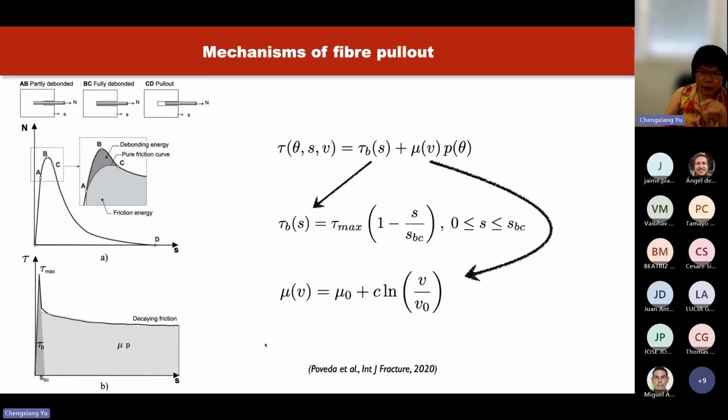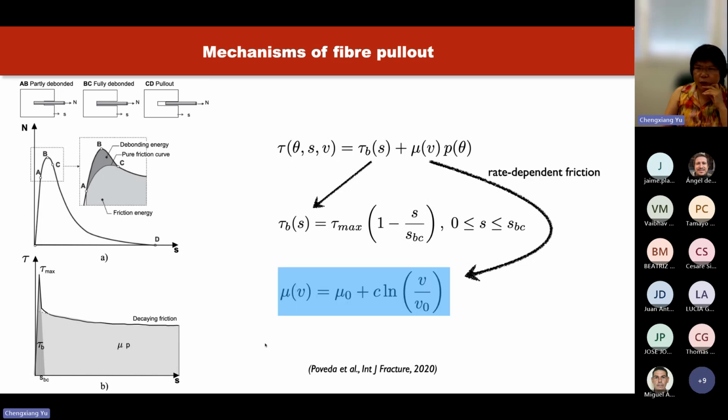In 2020, we published work in which we model the interface considering dynamic friction, which is this mu here, with mu 0 the static friction, V the pulling loading velocity, and V0 the reference velocity. This relation is an adaptation of a dynamic friction law from work by James Rice.